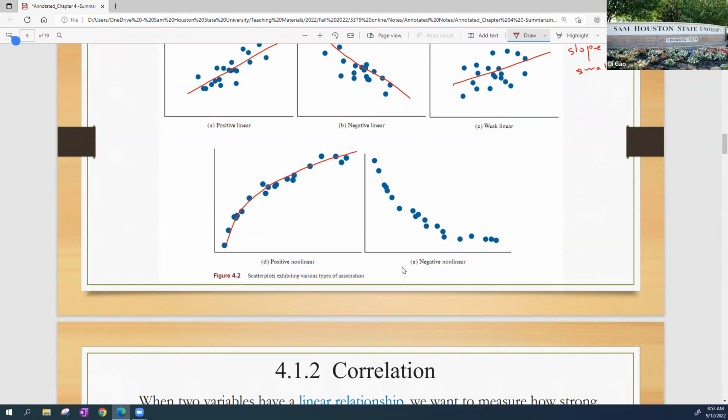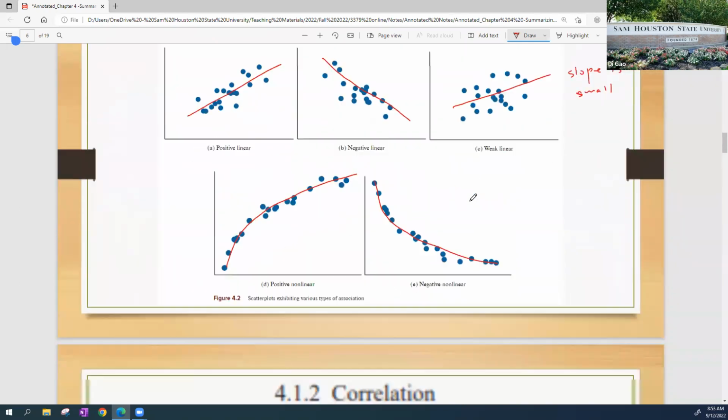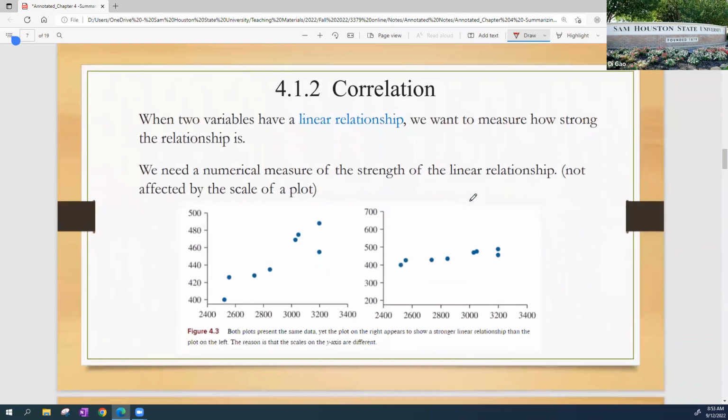So I call this kind of situation from plot D positive nonlinear. And then E is similar. It's a negative association. As x getting larger, y getting smaller, right? And it is not linear. It's nonlinear. So E is negative nonlinear.